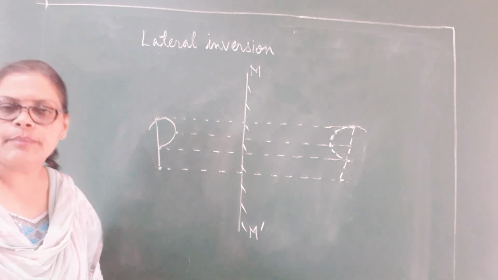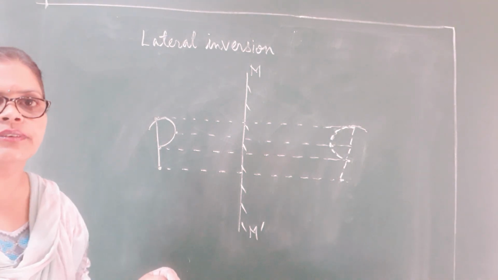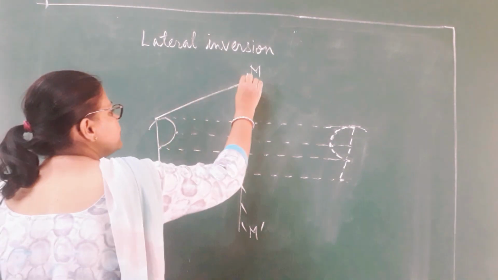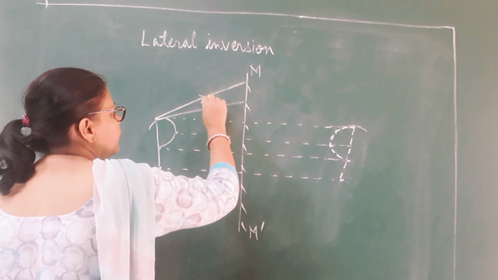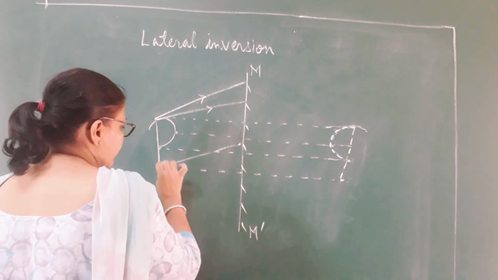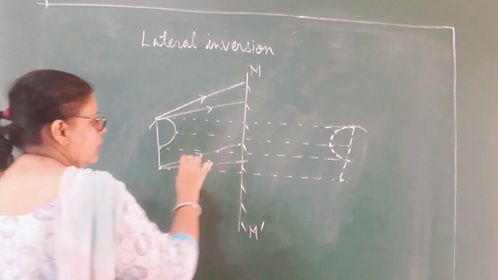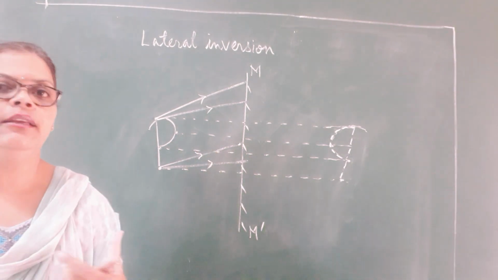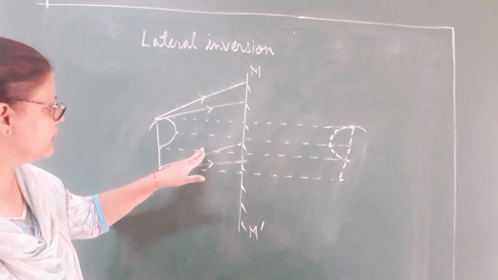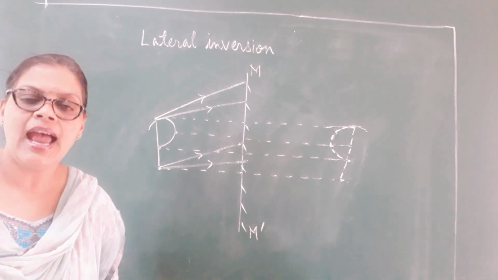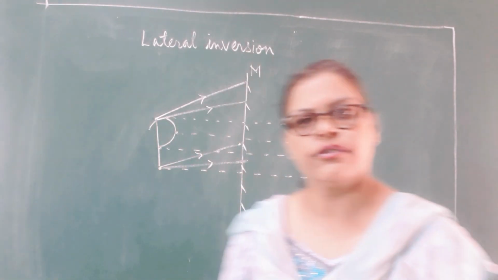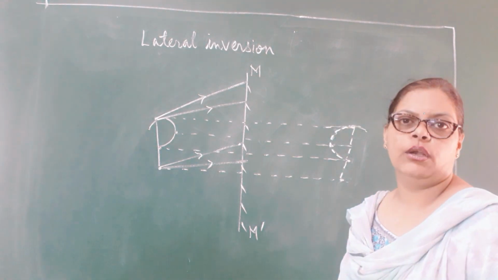Now, after this step, what are you going to do? You know it, children. We are going to take 2 slanting rays from the top and 2 slanting rays from the feet of P. 2 incident rays, and similarly 2 incident rays. As we did for the extended object, children, the same steps we are following over here.